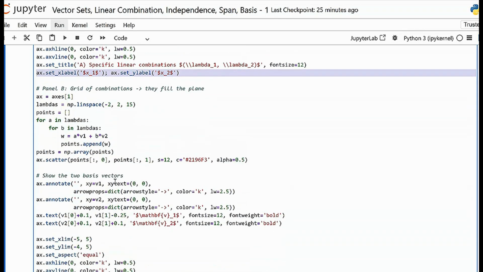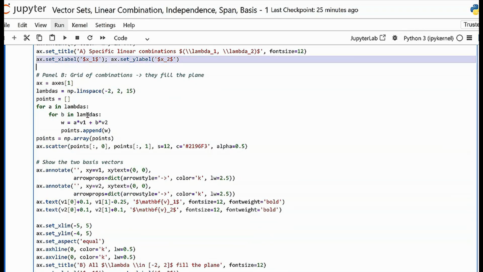So yes, dears, now let me move on to panel B. Kindly observe, here it is axis 1, so it is the right subplot. And next we have a linspace.